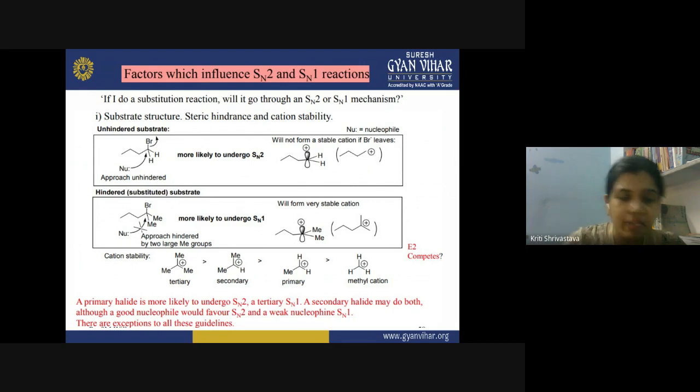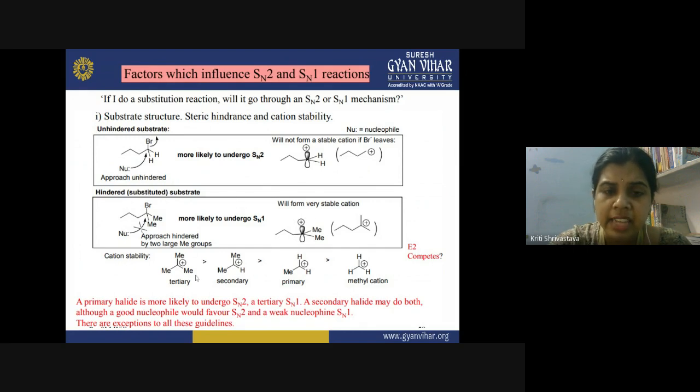So the pentavalent transition state cannot be formed when the carbon has steric crowding around it. Similarly, an unhindered substrate, like you can see here, is more likely to undergo the SN2 reaction, but a hindered substrate, which has bulky groups around the carbon, is more likely to undergo the SN1 reaction.